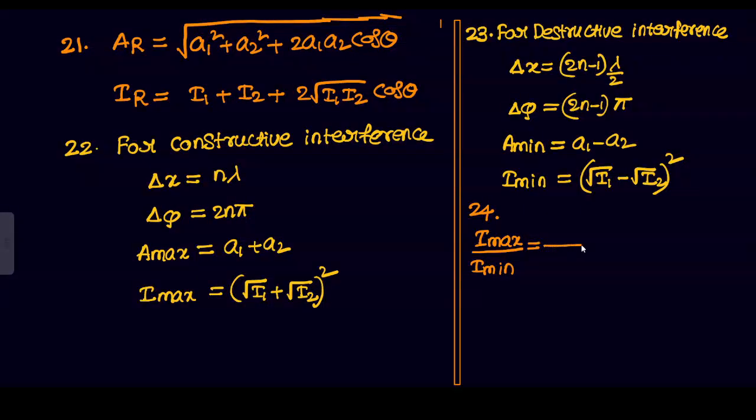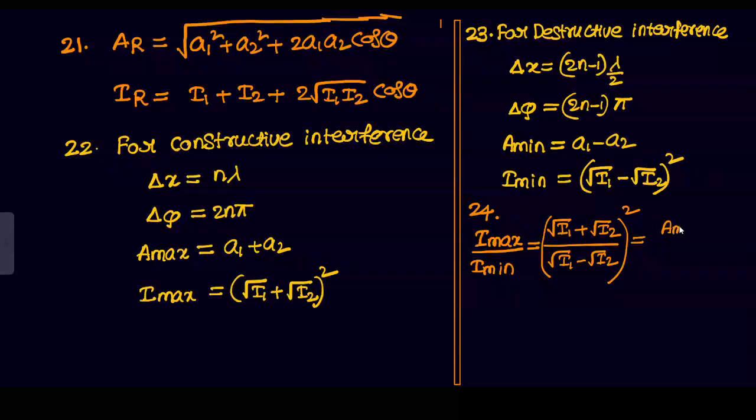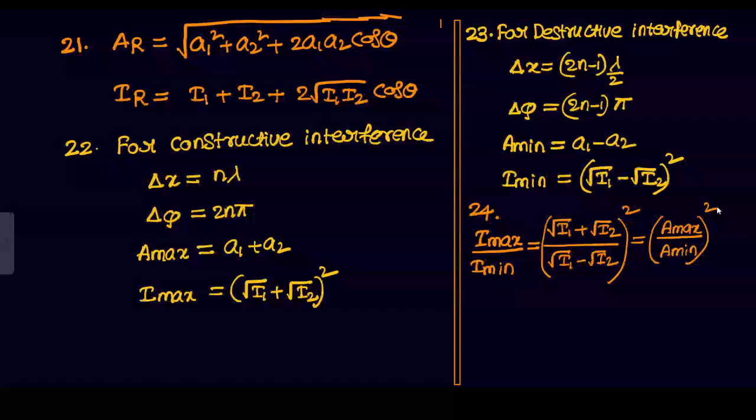This is equal to root of I1 plus root I2, over root of I1 minus root I2, the whole square. And that is also equal to A max by A min, whole square. Intensity is proportional to the square of the amplitude.